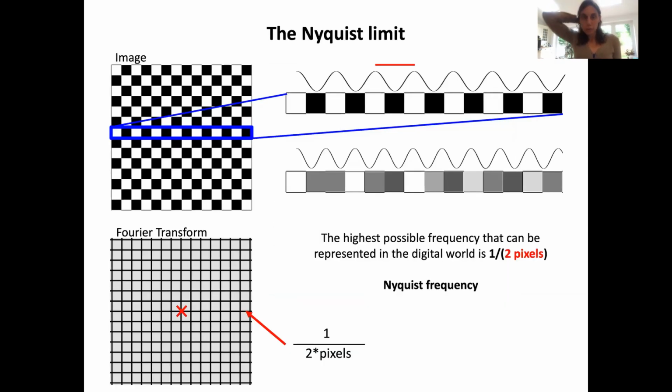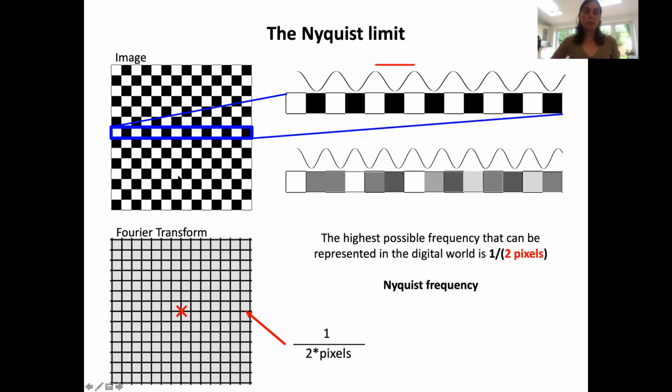Another important thing to mention here is the Nyquist limit. I'm sure you've all heard of the term Nyquist frequency, and it can be explained by looking at the properties of digital images. Here I am showing a pixelated image where every pixel is either black or white.